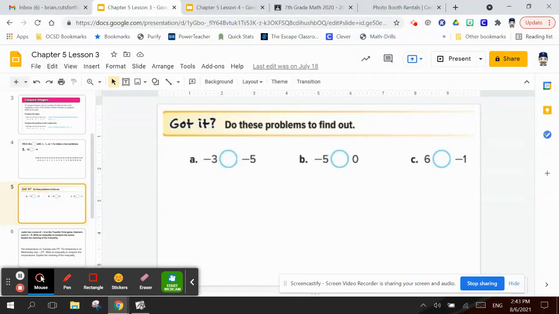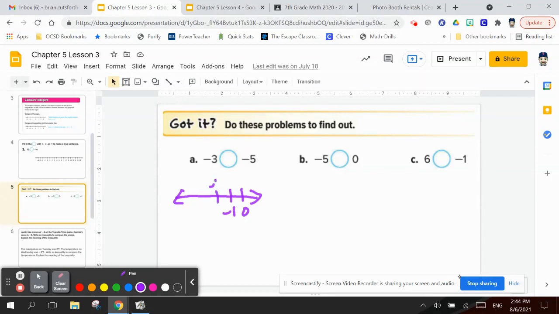So we look at letters A, B, and C. Look at letter A. So again, here's my number line. Here's 0, here's negative 1, negative 2, negative 3, negative 4, negative 5.